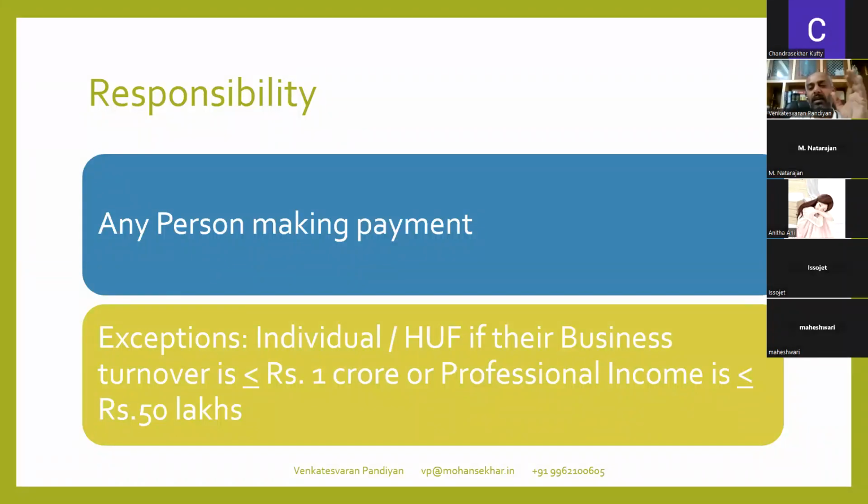Or in other words, any individual carrying on business whose turnover does not cross 1 crore does not have to deduct TDS. In the case of professionals, consultants, so doctors, engineers, chartered accountants, 50 lakhs is the limit. If their turnover or gross receipt is less than or equal to 50 lakhs, then they are not required to deduct TDS.